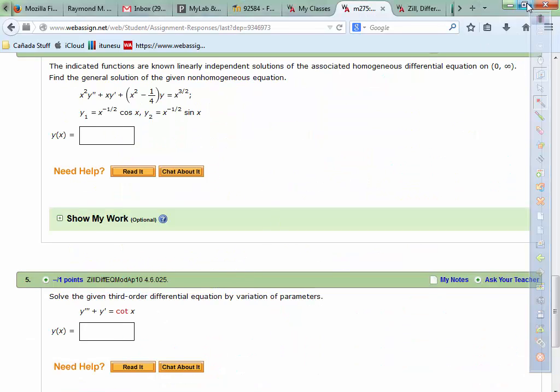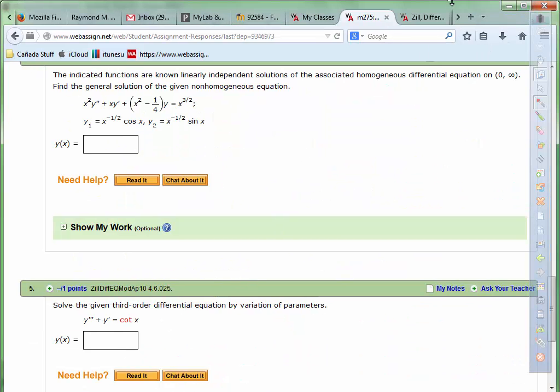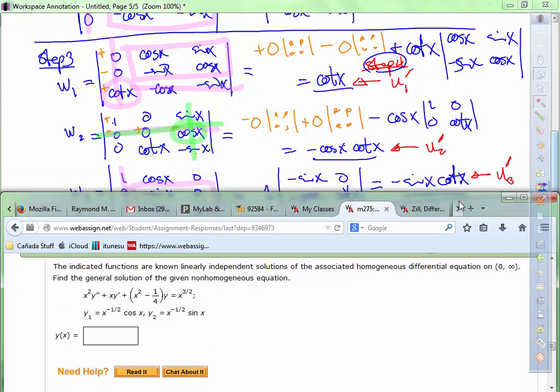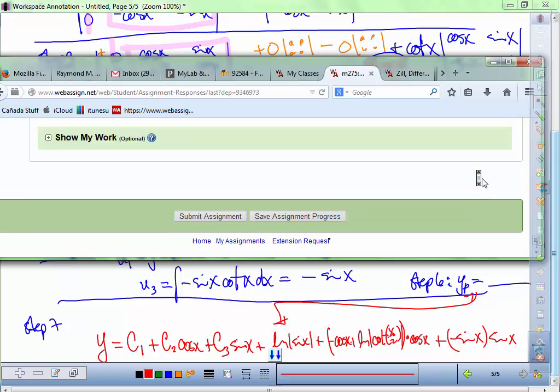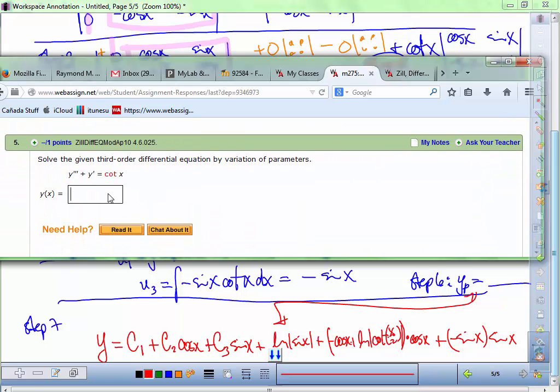Have you guys gotten comfortable typing stuff in here and doing things quickly? Assuming we're going to use capital C1. You use subscripts here?